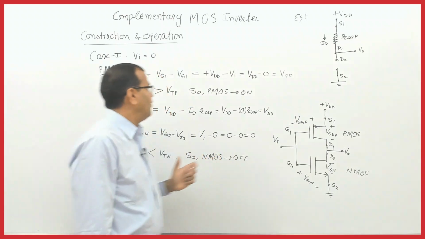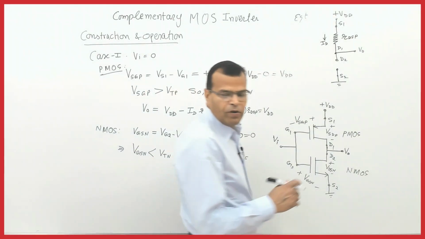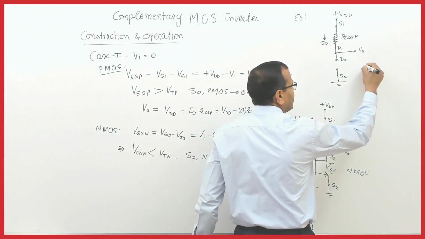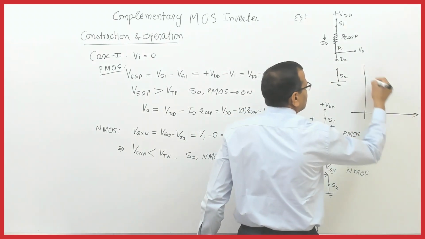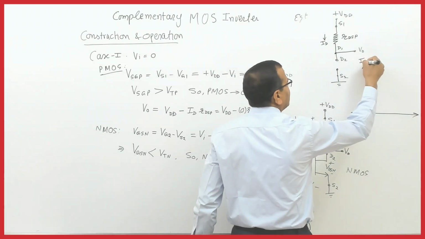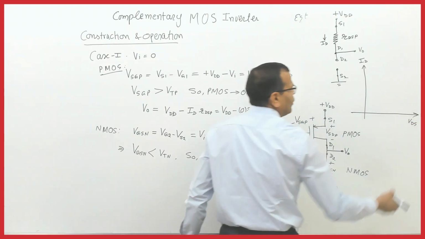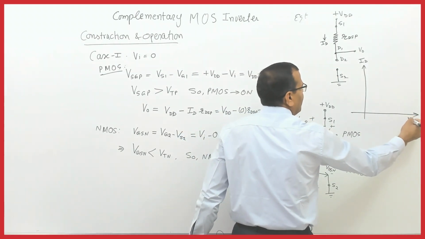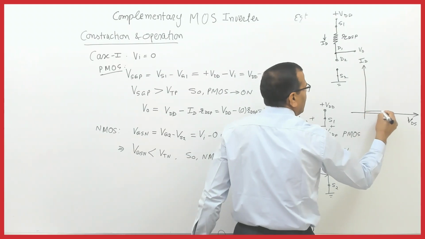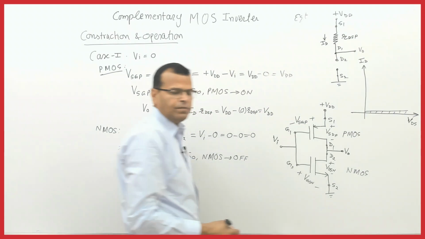Now if you remember the characteristics of PMOS and NMOS, I will be drawing a small characteristic here. I take this as the drain current, and I take this as the drain to source voltage. So in case of a MOSFET, we have the 3 regions of operation. This is the cutoff region.